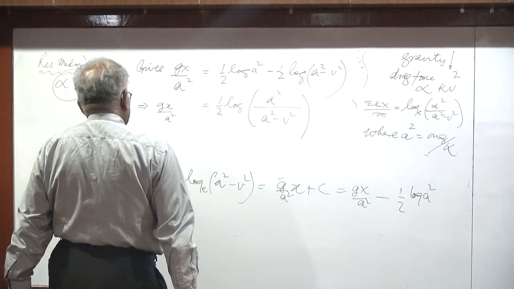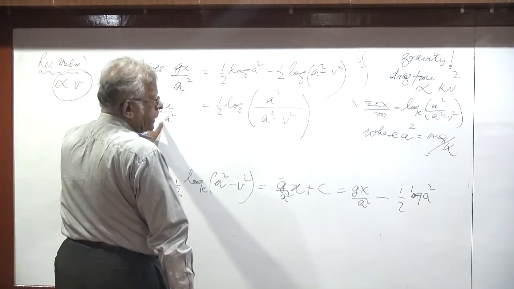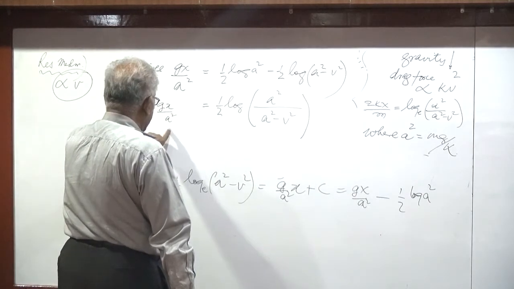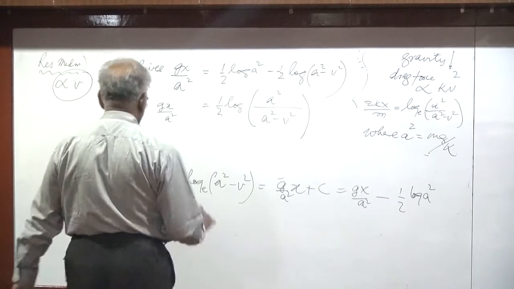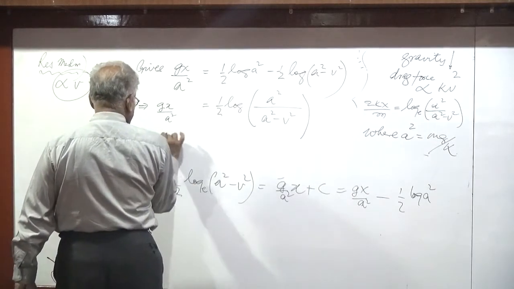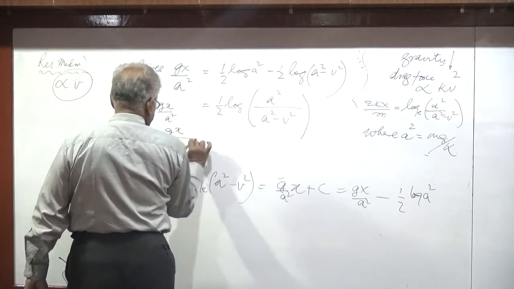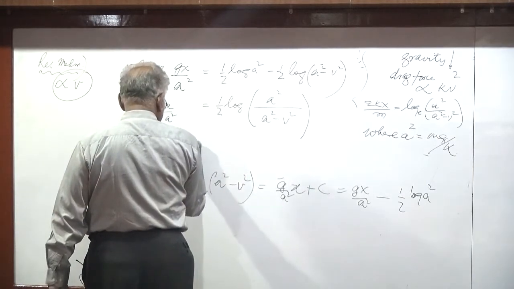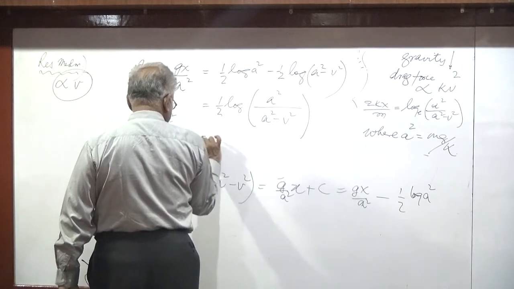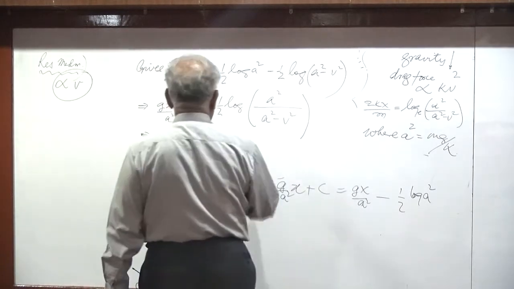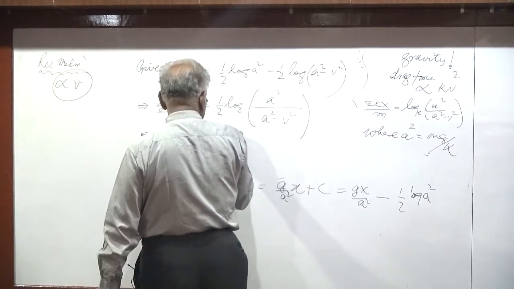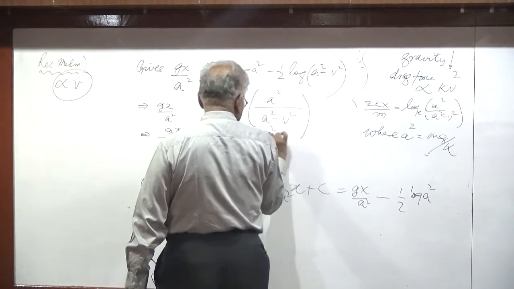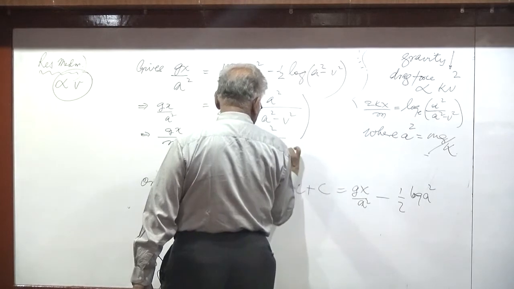So if we write a square as mg by k, then kx over m, this implies, gx over a square is mg by k over k is equal to half log a square over a square minus v square.